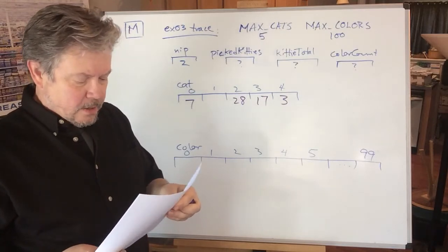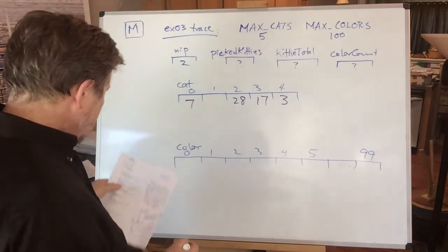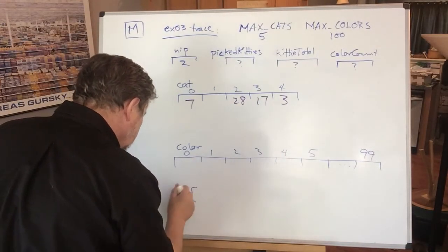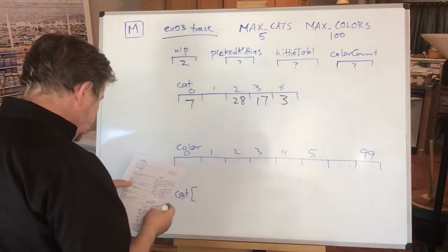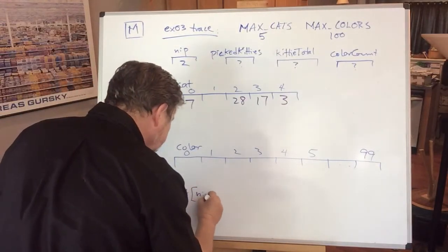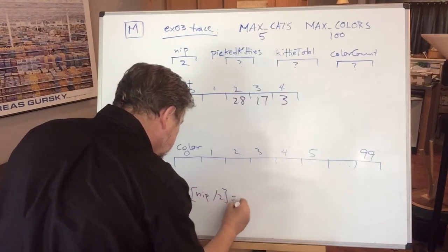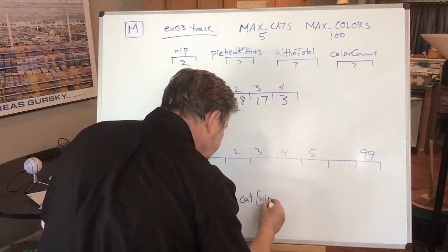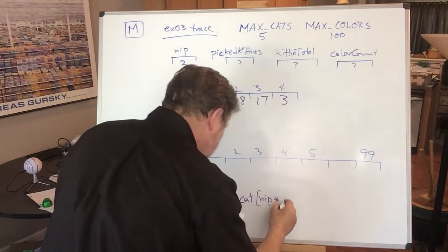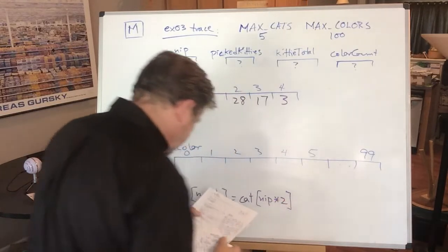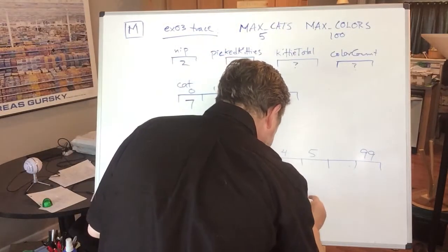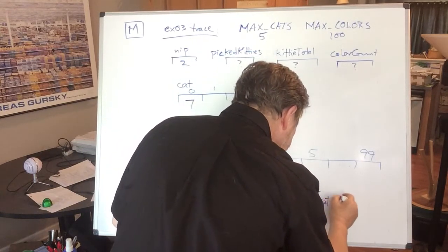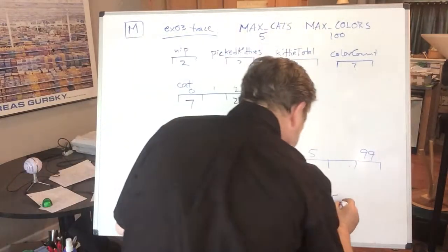Big mess. Line 30. Look at all that. You know what? I'm going to write line 30 down here. Cat, because that's got so much to it, I'm going to have to point at it to be able to talk about it. Cat, square bracket, nip, slash 2, close square brackets, equals cat, square brackets, nip, star, 2, close square brackets, I hope I'm copying this right, plus cat, square brackets, then cat again, cat, square brackets, nip times 2.